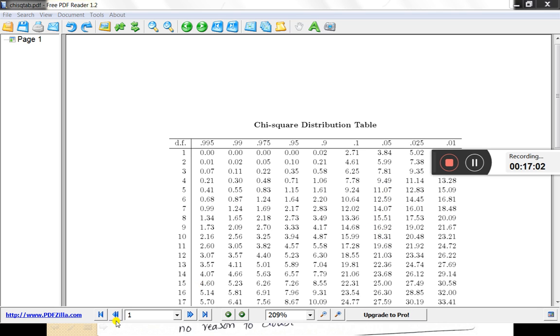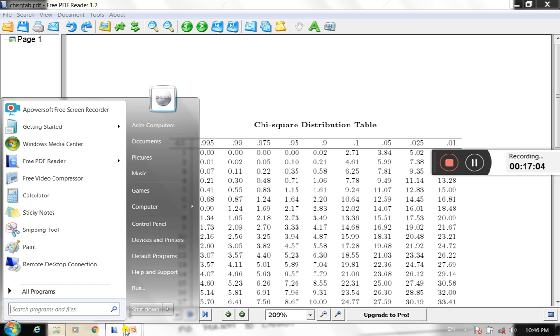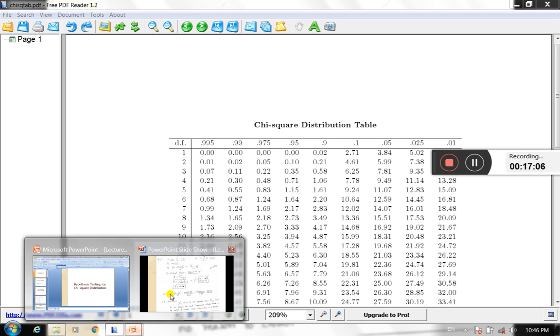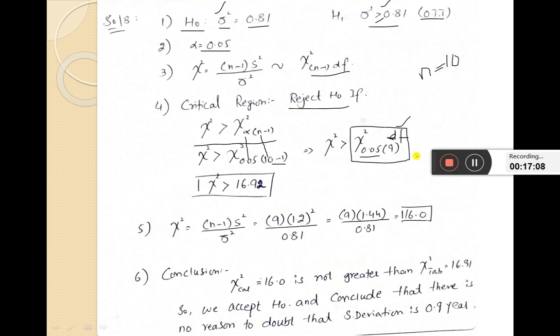That is the critical value. Look here, if you focus, here is the value 16.92. Now I am saying my critical value is such that I will reject H naught when my chi value is greater than 16.92.